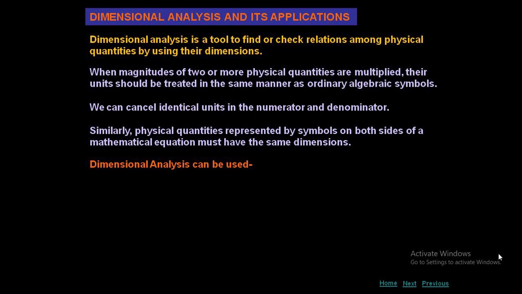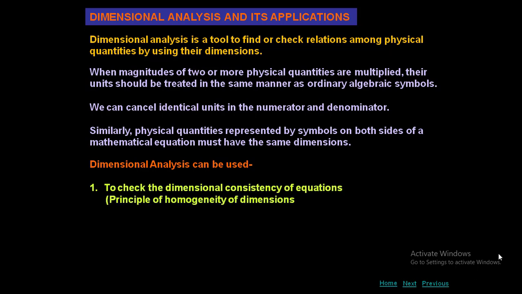Dimensional analysis can be used. There are three applications for dimensional analysis. What are they? Number one, to check the dimensional consistency of an equation, which is also called the principle of homogeneity of dimensions. Homogeneity means same. So whenever you have derived an equation, if you want to see whether the equation is correct or not, then we are going to opt for this technique, that is dimensional consistency of equation.